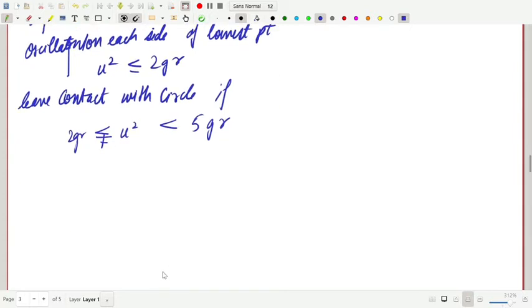Now, in this case, it moves in a parabola under the effect of gravity.